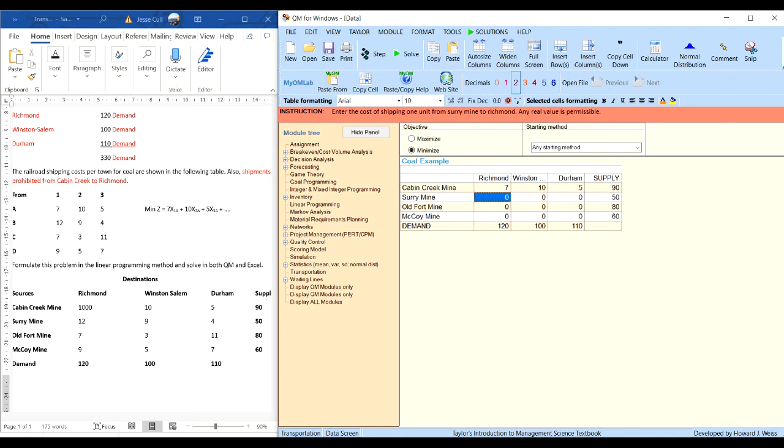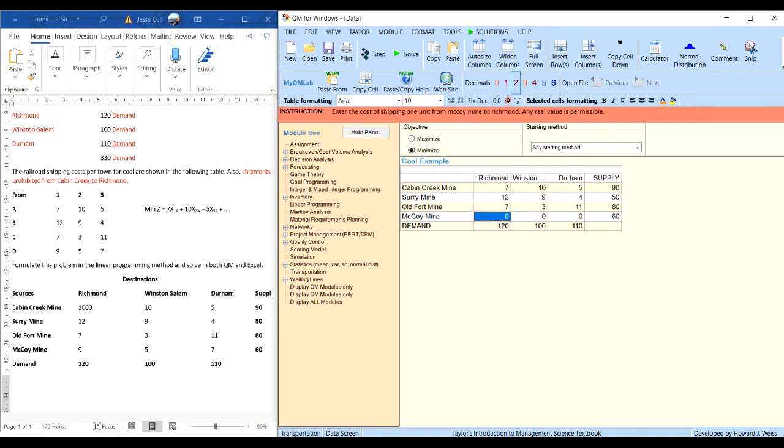We repeat the same with Surrey: $12 per ton, $9 per ton, $4 per ton. Old Fort Mine again, $7 per ton, $3 per ton, $11 per ton.